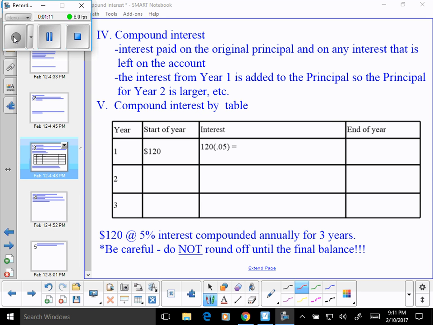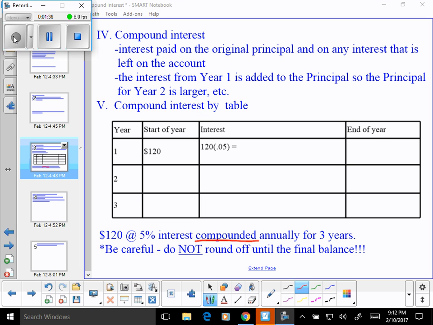The problem is going to involve taking $120 at 5% interest compounded annually. And you need to really look for that word when you are working with problems. And we're going to take this for 3 years, which is why they have 3 rows in the table: year 1, year 2, year 3, etc.